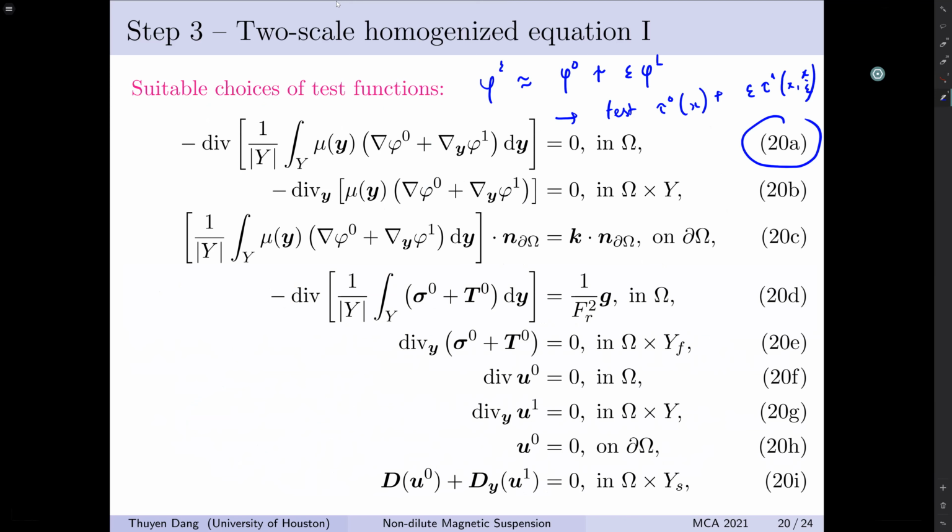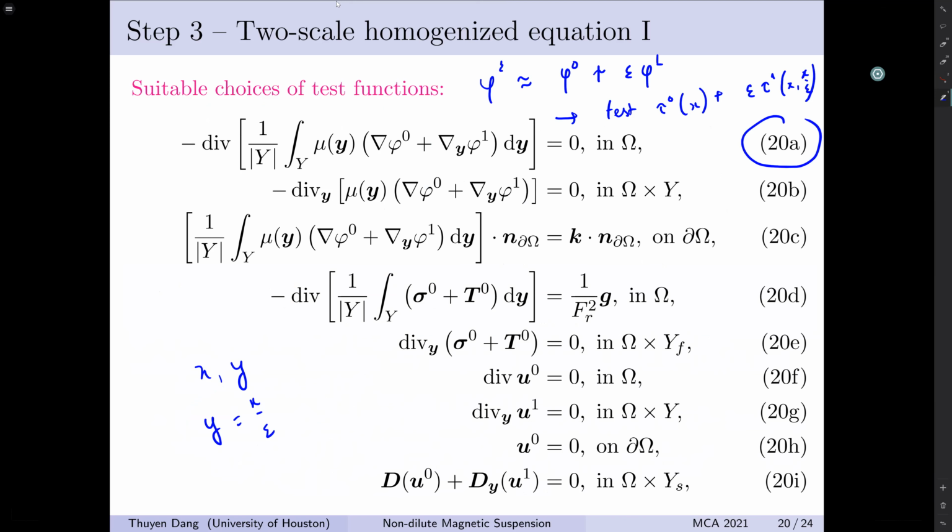Another thing I want to mention is that if you look at this system, it's a two-scale problem, because here we implicitly assume that the slow variable s and the fast variable y are independent. So somehow we lose the information given by y equal s over epsilon, or equivalently, we lose the information that y can oscillate widely.